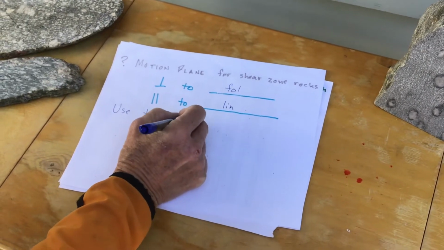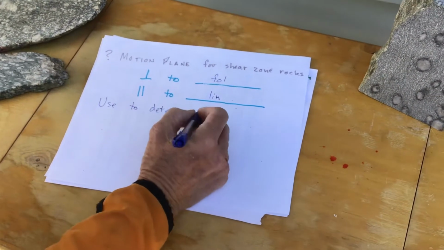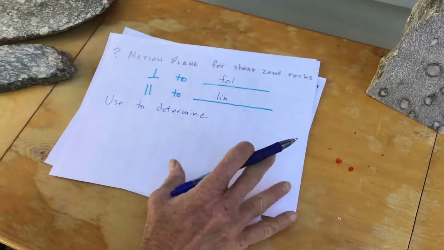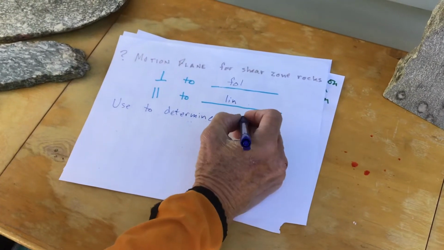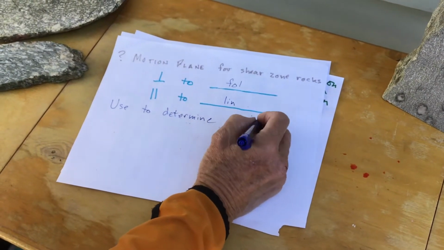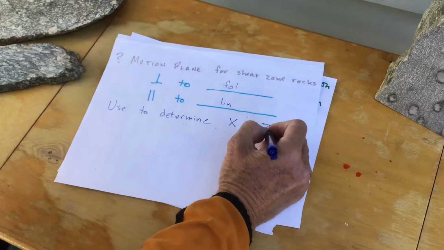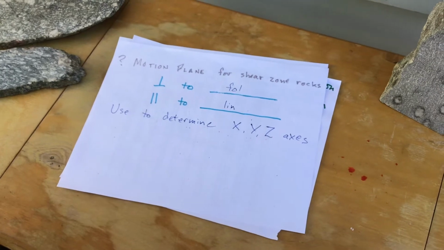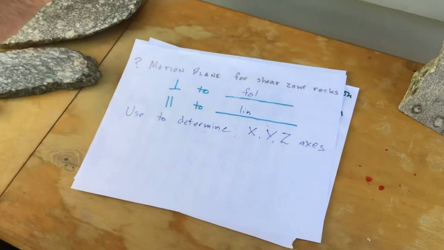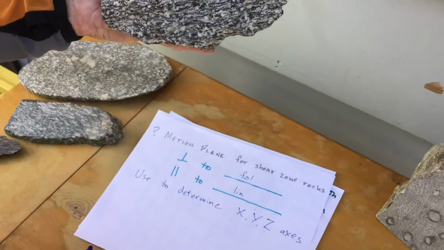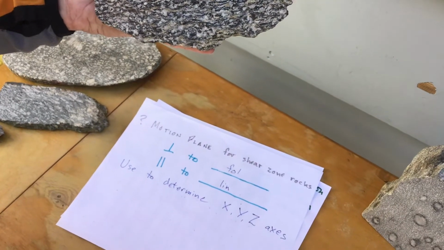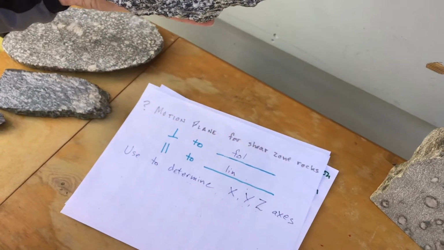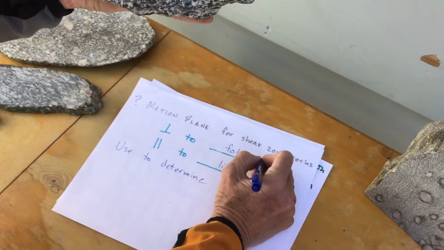the strain axes. We want to use this information about foliation and lineation to determine the X, Y, Z axes of strain. As a field rule of thumb or a hand sample rule of thumb, we can use the foliation to help orient the Z axis.